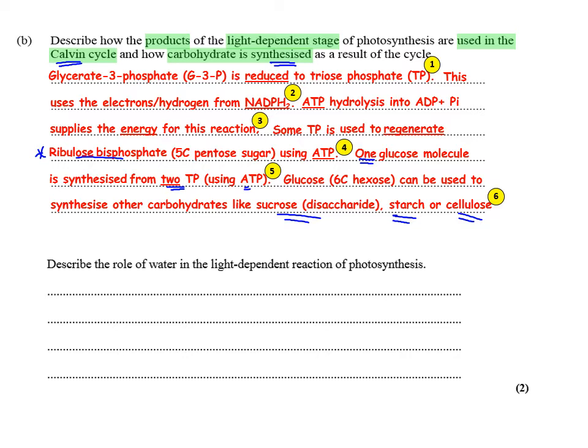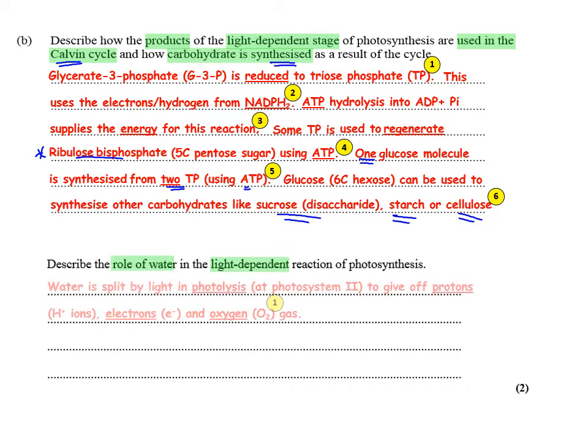Now the next question says, describe the role of water in the light-dependent stage of photosynthesis. So we have to know about photolysis, and we know photolysis can only occur in the light. So the name photolysis suggests the splitting of water activated by light.